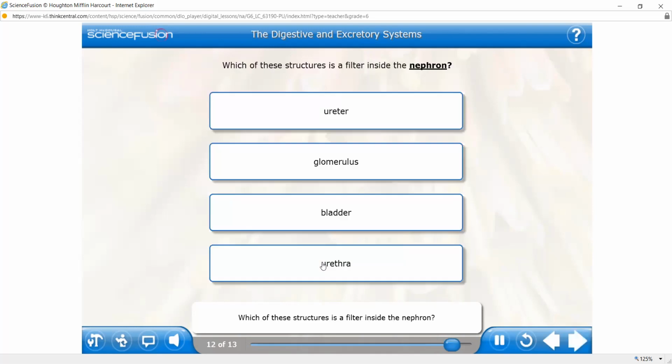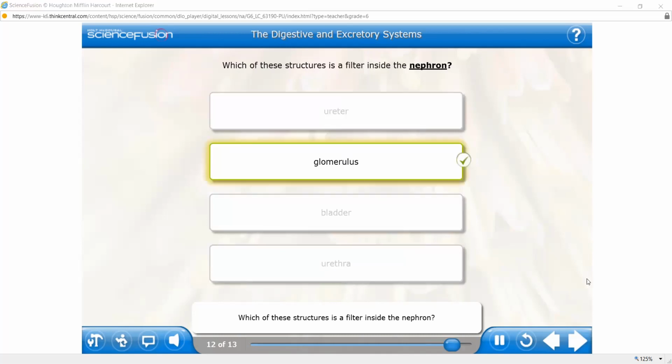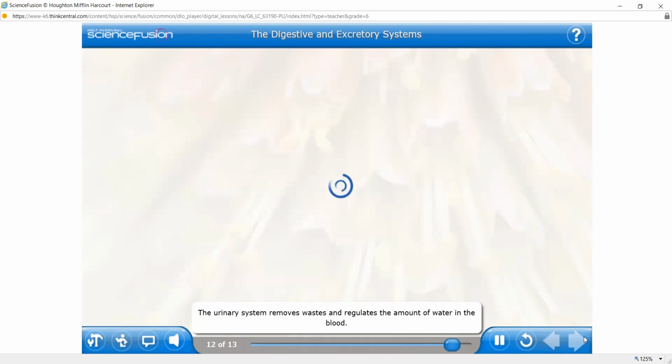Which of these structures is a filter inside the nephron? The urethra moves waste out from your body. The glomerulus.